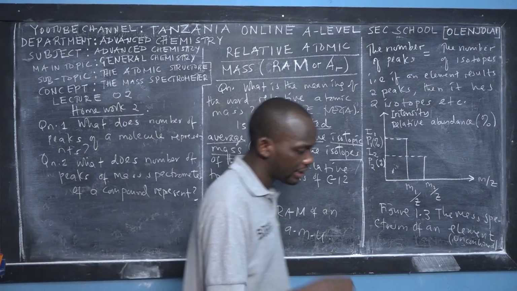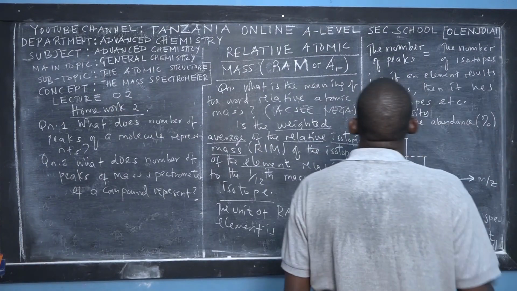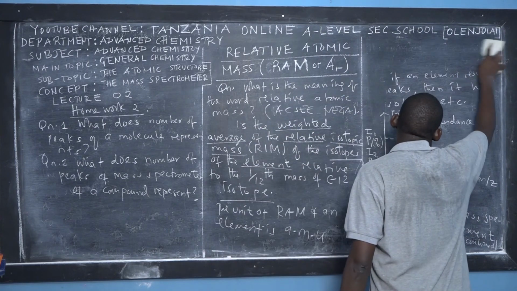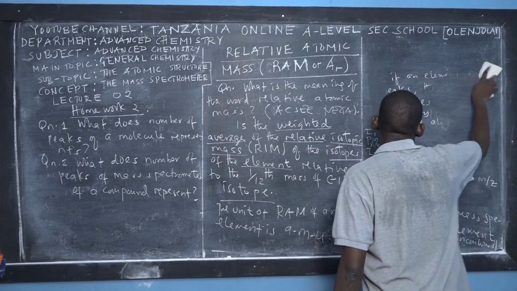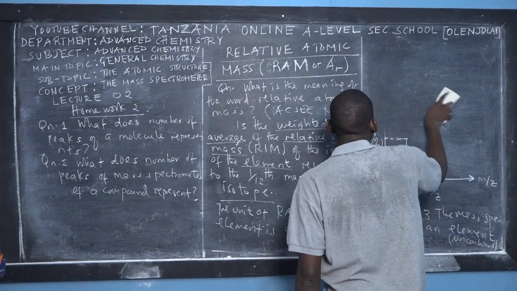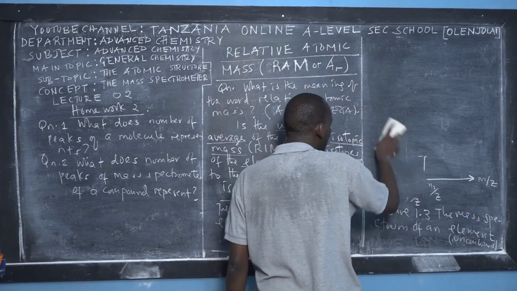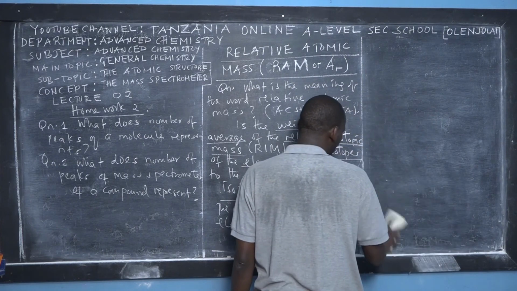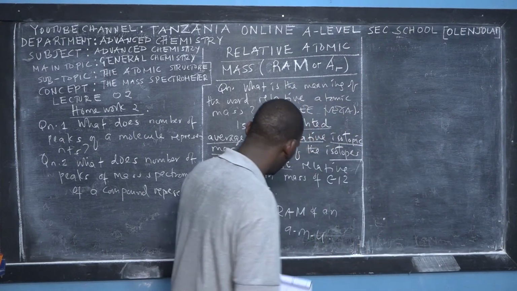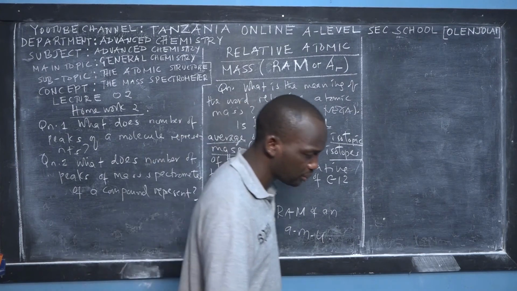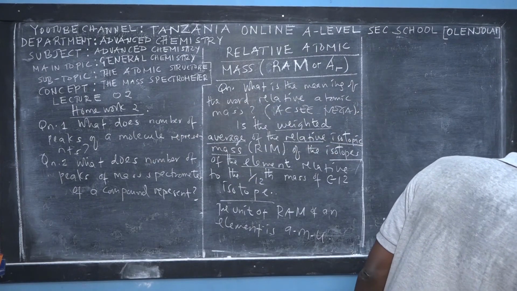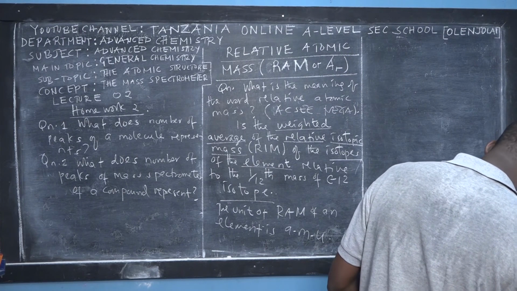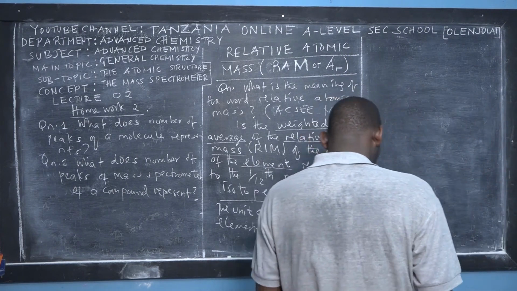Excuse me, when I said gram per mole, that is the unit of molar mass. So the unit of relative atomic mass is called the atomic mass unit, in abbreviation AMU. A very interesting unit in nuclear physics, physics, and even in chemistry, which you can cover later.